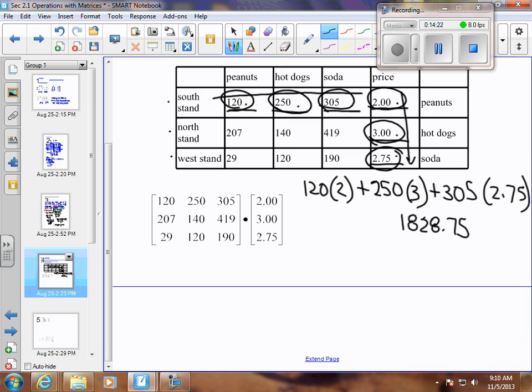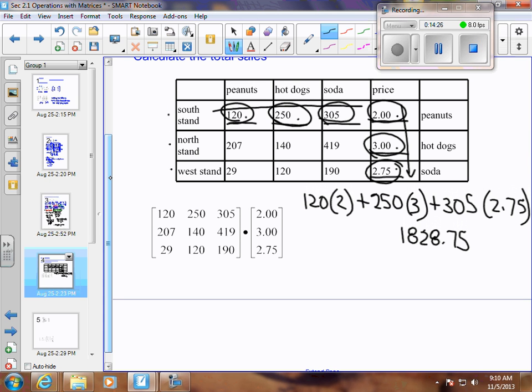Below that matrix, I've written a similar matrix, actually an identical matrix, without the item labels. 120, 250, 305 represents the number of peanuts, hot dogs, and sodas sold, respectively, at the South stand. And this matrix represents the price for each of those items.